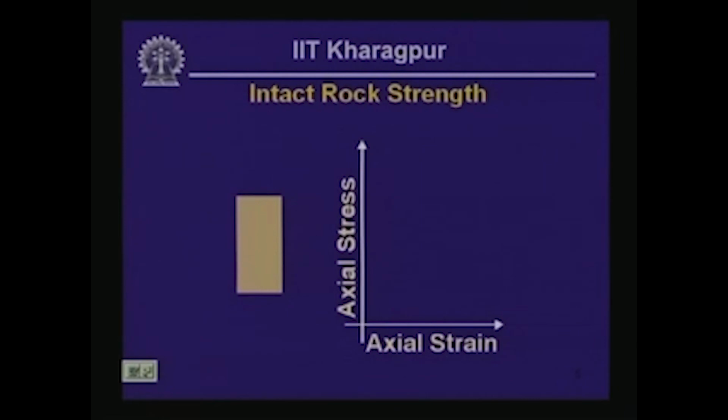You all know that axial stress in this case is going to be the axial force divided by the cross sectional area of the specimen, and axial strain is going to be the deformation in the axial direction divided by the undeformed axial length of the specimen.